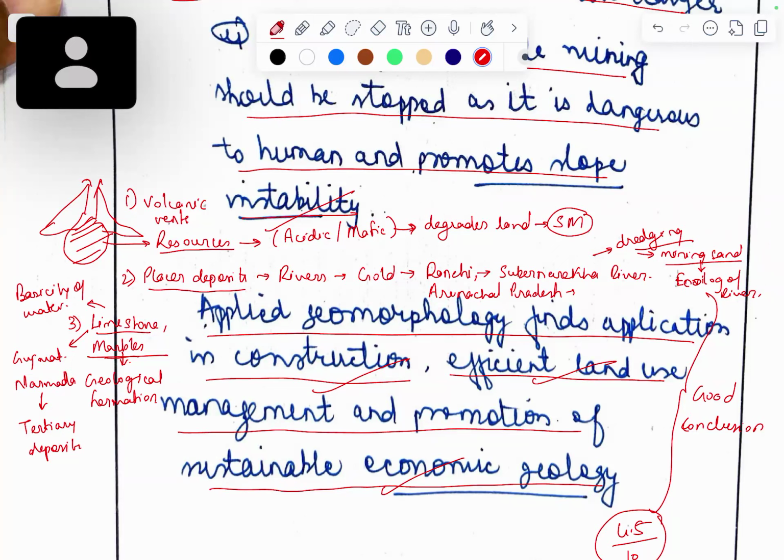If there is high basicity, it may result in calcification of the soil. If the soil is calcified, it will not be productive in the coming years.